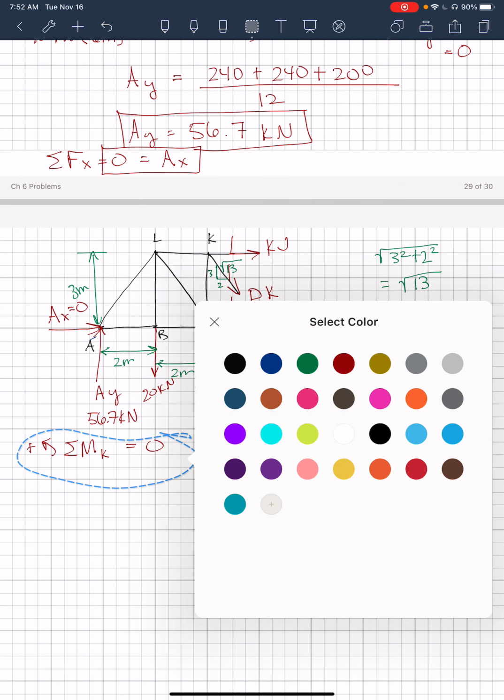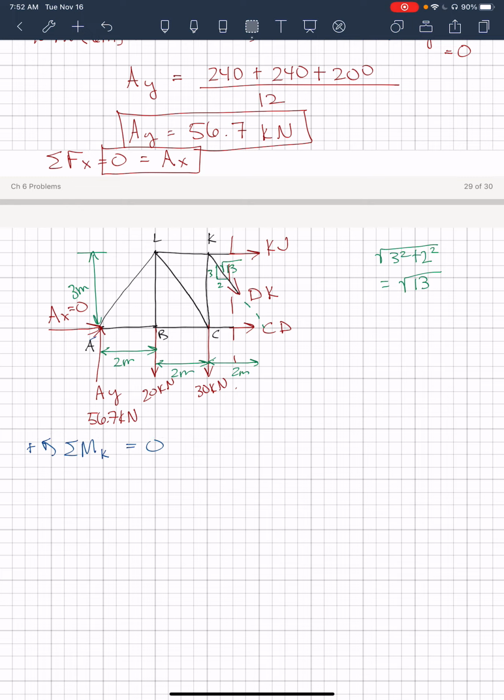Then we have AX, which is just 0, so we won't worry about that. AY will create a negative moment, so negative 56.7 kilonewtons times that perpendicular distance, which would be 4 meters.